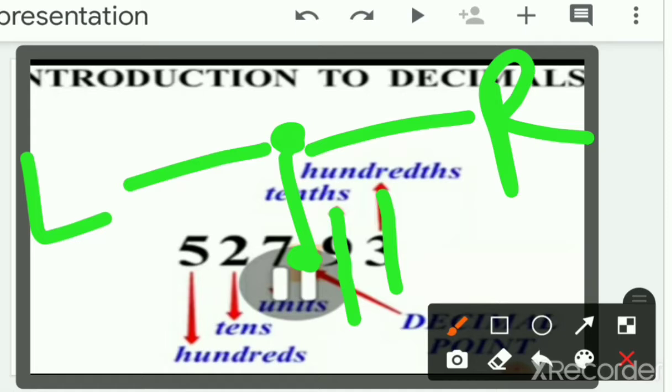After the point, this 7 will be having ones place. 2 will be having tens place, and 5 is having hundreds place.